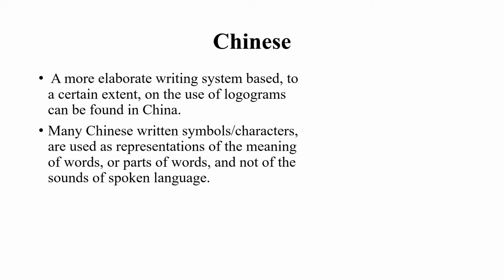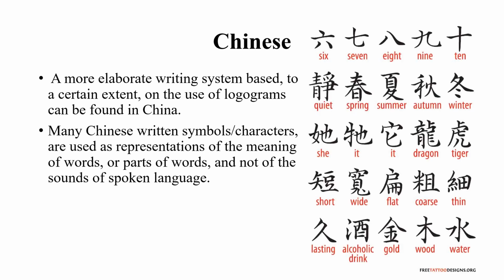In some treatments, this type of writing is technically described as morphographic because the symbols have come to be used for morphemes rather than words. It's very important to note, however, that Chinese writing has the longest continuous history of use as a writing system, almost 3,000 years. There are some advantages and disadvantages of the Chinese writing system.